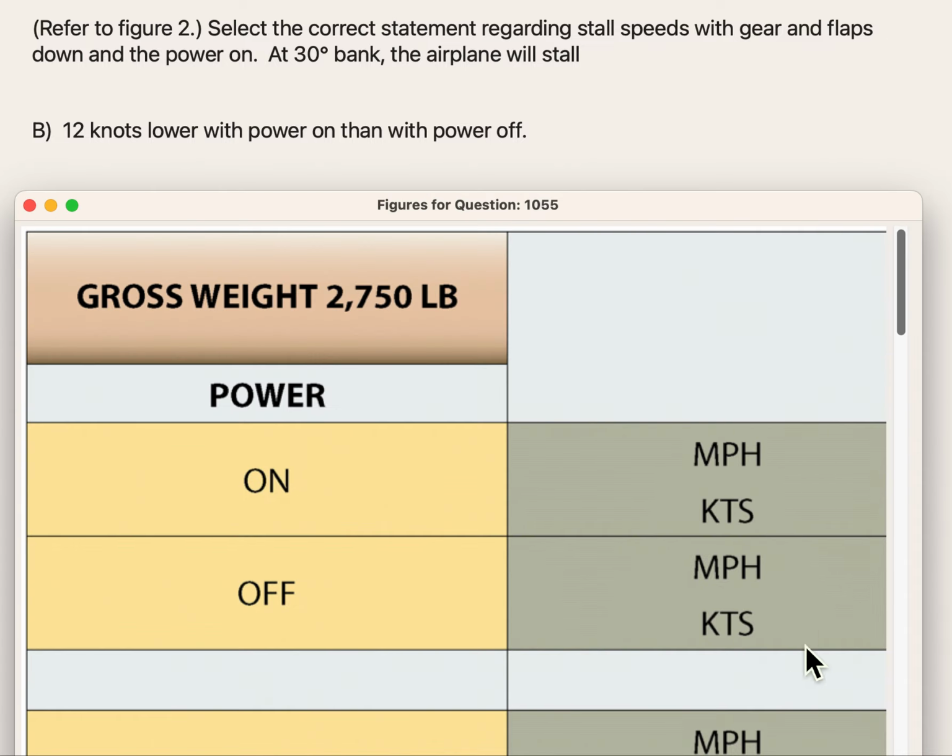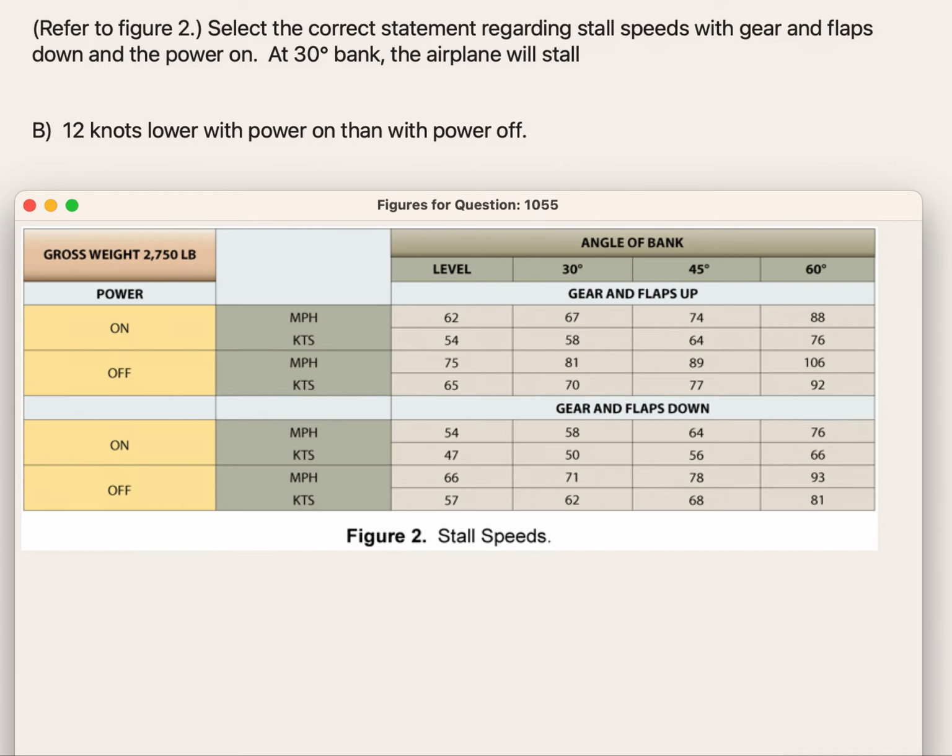Okay, get our figure back up. Gear and flaps down and power on. At a 30-degree bank, which is this one, the airplane will stall 12 knots lower with the power on than the power off.